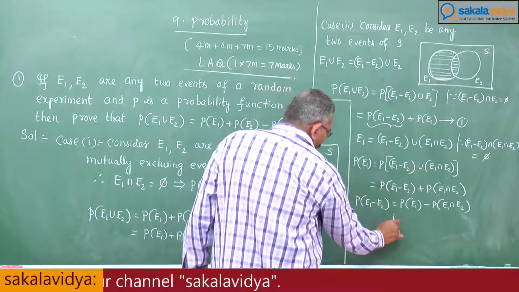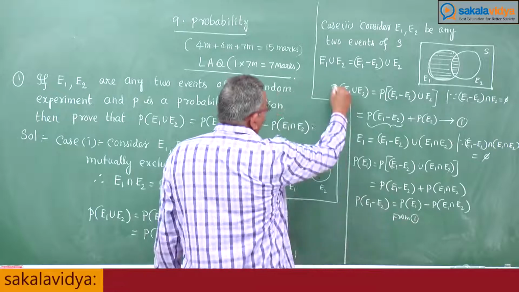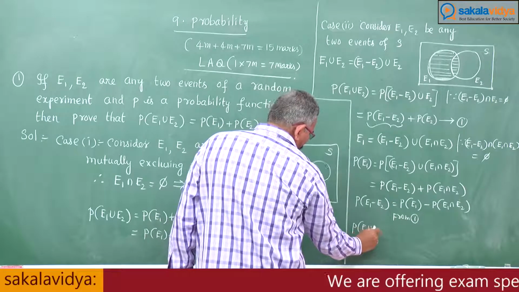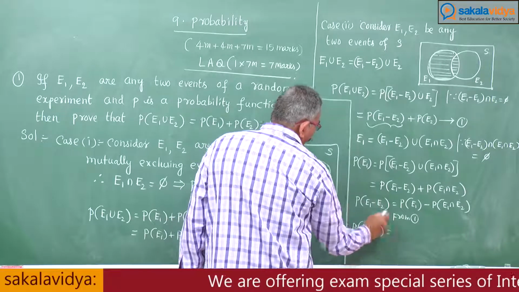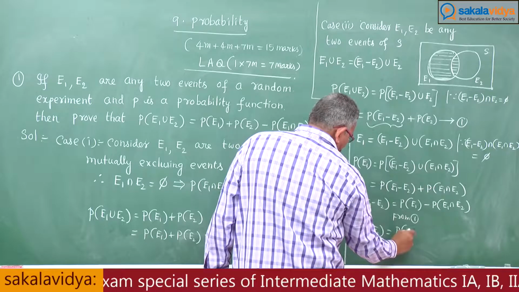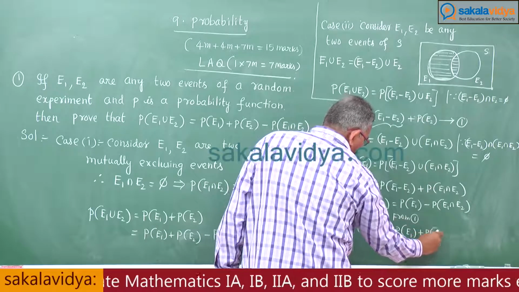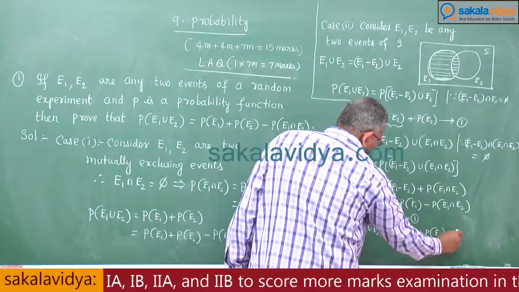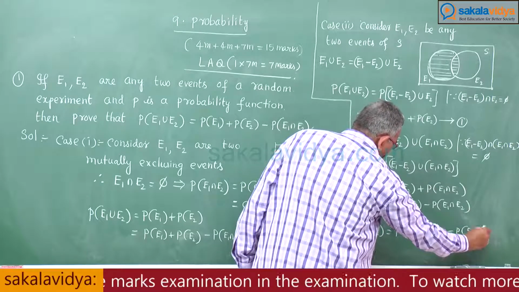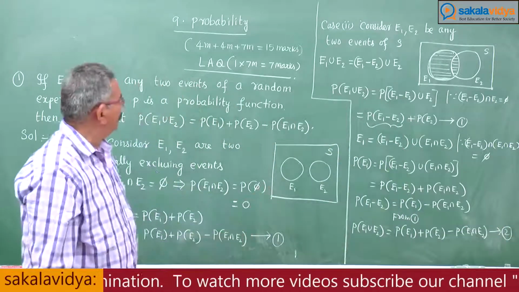So now here you see P of E1 union E2 is equal to, this is replaced by, P of E1 plus P of E2 minus P of E1 intersection E2. Say this is equation 2.